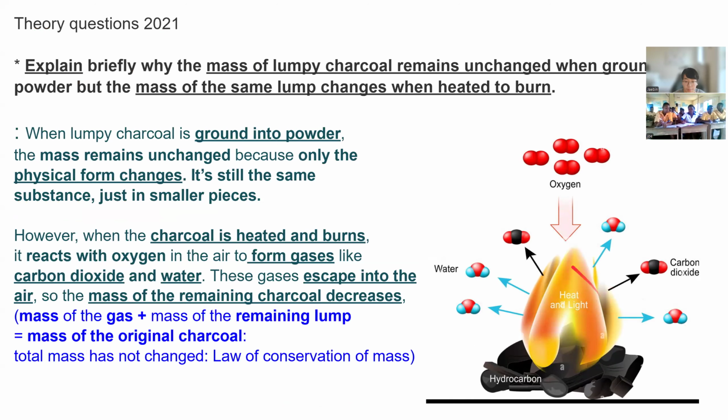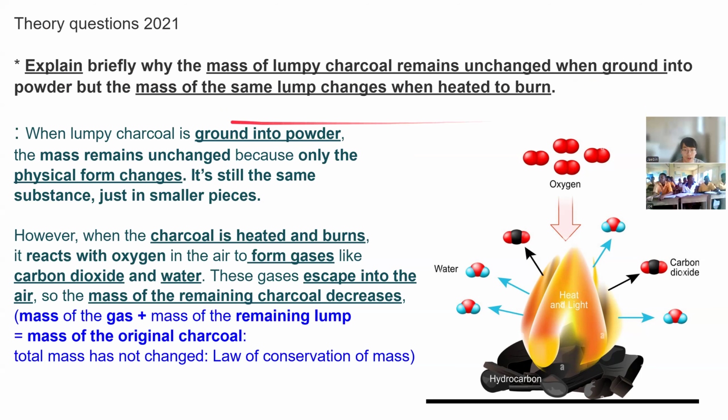Let's quickly solve a simple theory question involving mass changes and some physical and chemical changes. This question asks us to explain why the mass of lumpy charcoal remains unchanged when ground into powder, but the mass of the same lump changes when heated to burn.